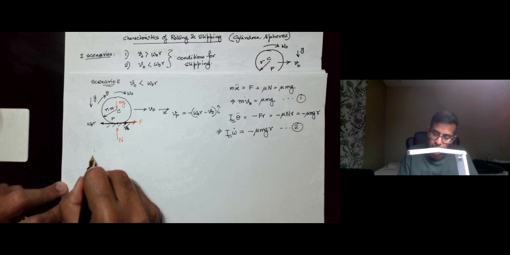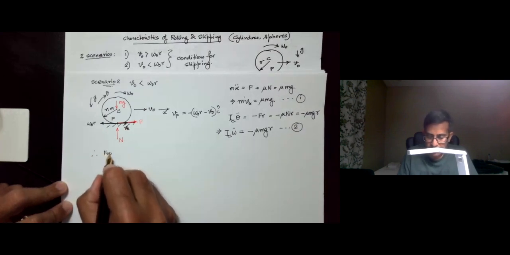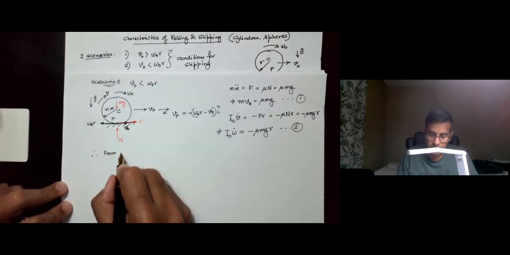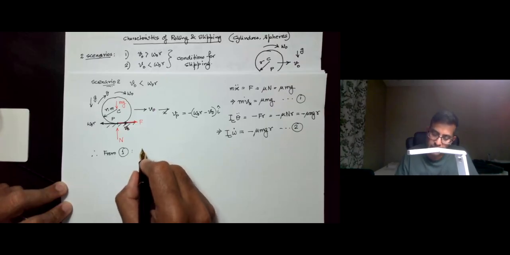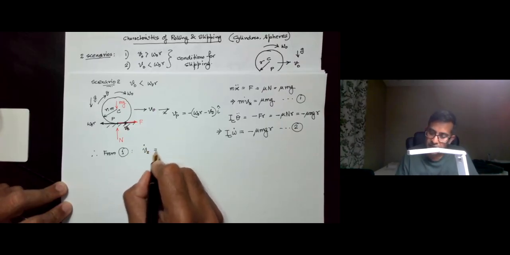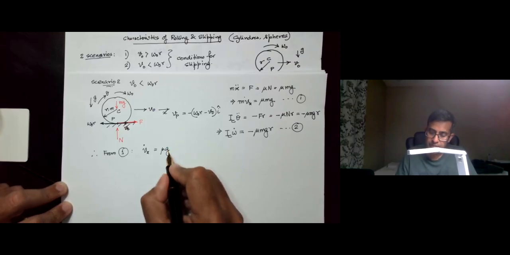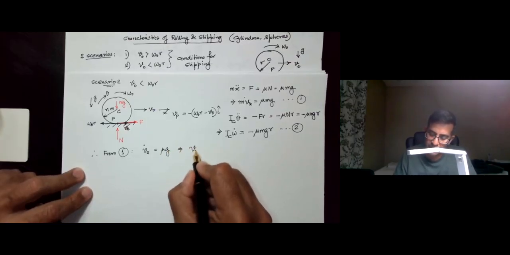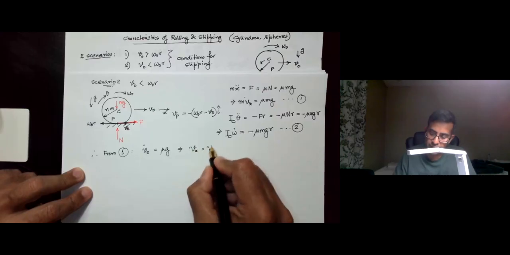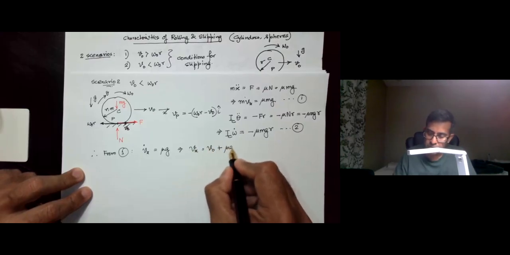Therefore from 1 we have Vx dot is equal to mu g, which means that Vx is equal to V0 plus mu g t.